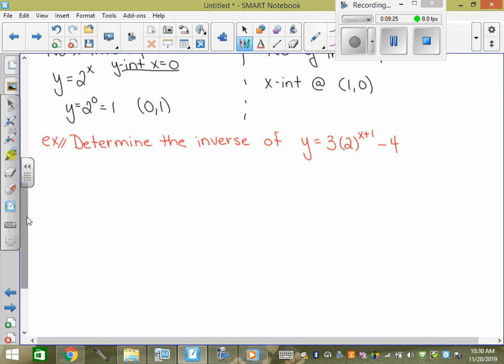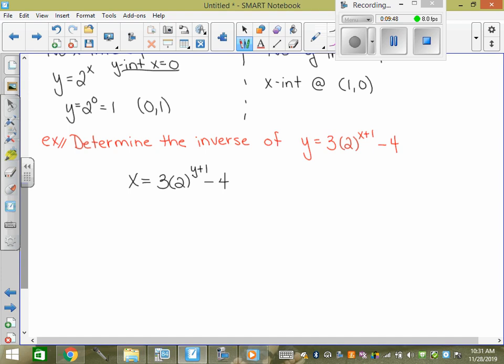Okay, so we're going to find the inverse of this first. To find the inverse, we're going to go x equals 3 to the y plus 1, minus 4. And in the end, I need to get it into y equals. So what's the first thing I'm going to have to move? The minus 4.